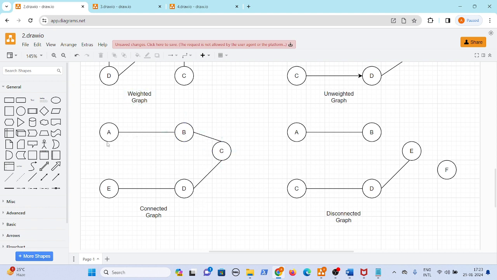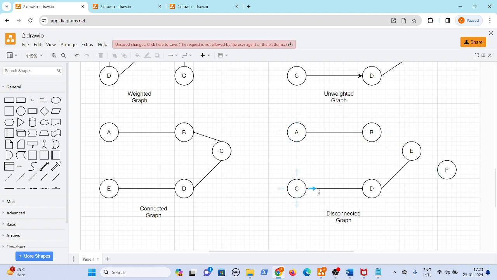Basically, a connected graph is one where if you travel from one node, you will reach all other nodes via some path. I start from A, I go to B, I go to C, I go to D, I go to E. But here if I traverse from A, I go to only B. I can't reach other points.